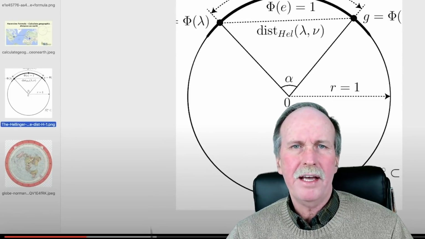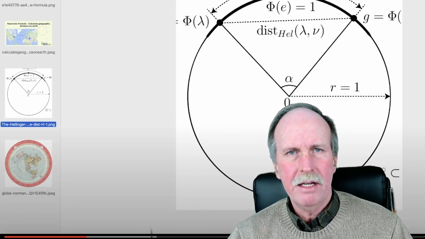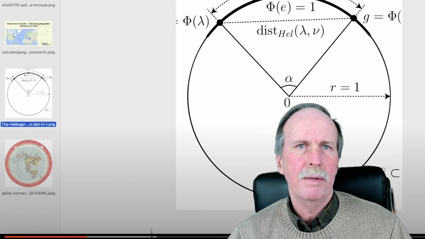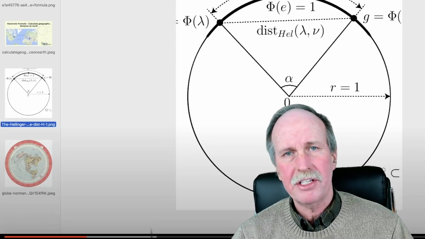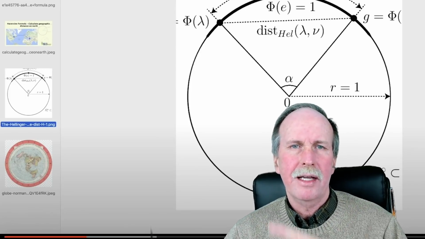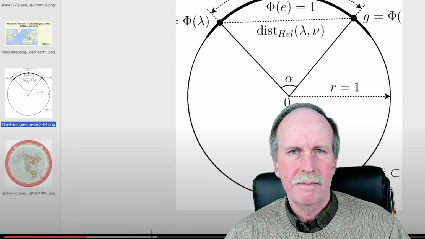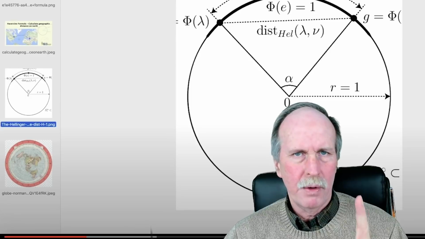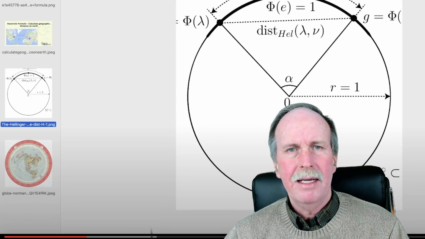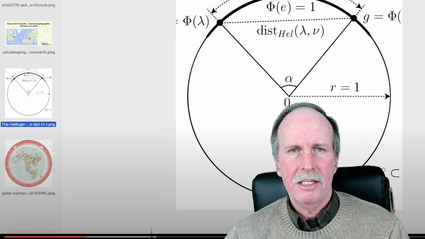He's got it wrong from the get-go. What the Haversine equation does is it finds that angle alpha that's directly over my head. That is the angle formed by drawing a ray from the center of the Earth to your starting location, and then drawing a second ray from the center of the Earth to your ending location. Those two rays will form that angle alpha, and that's what the Haversine equation is designed to do.